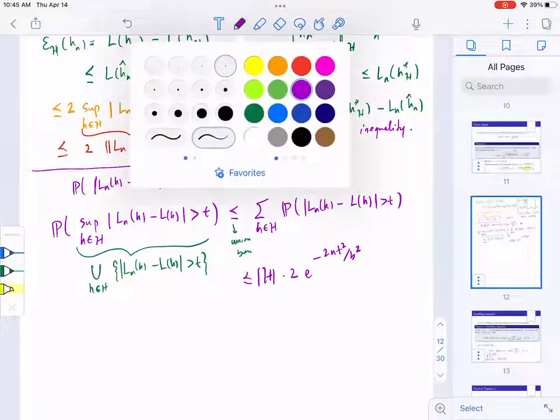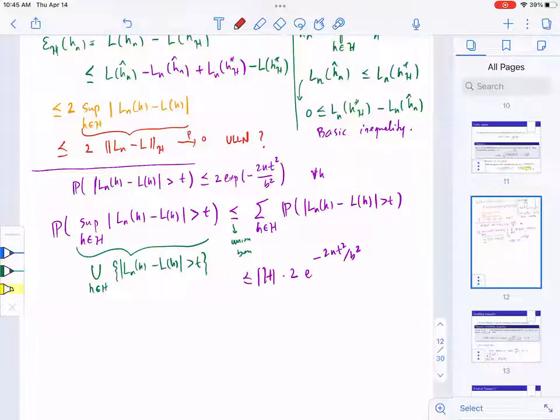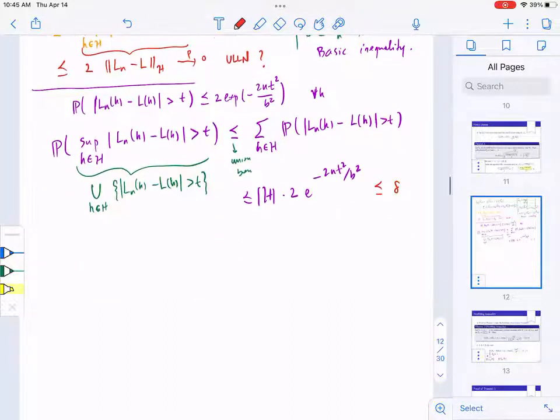Okay, we're almost done. Now what I want to do is, let's say I want to make this probability be less than delta, okay?